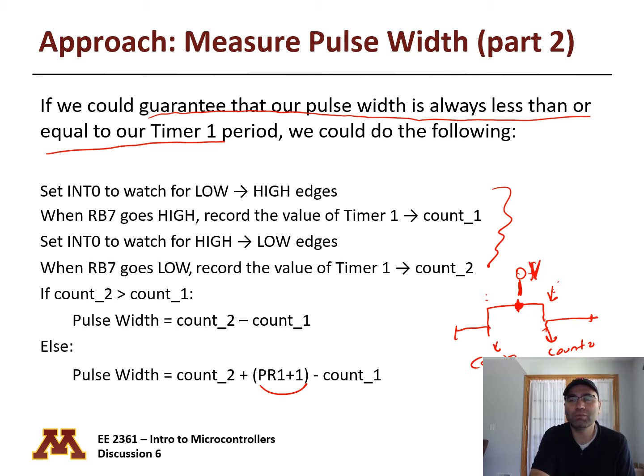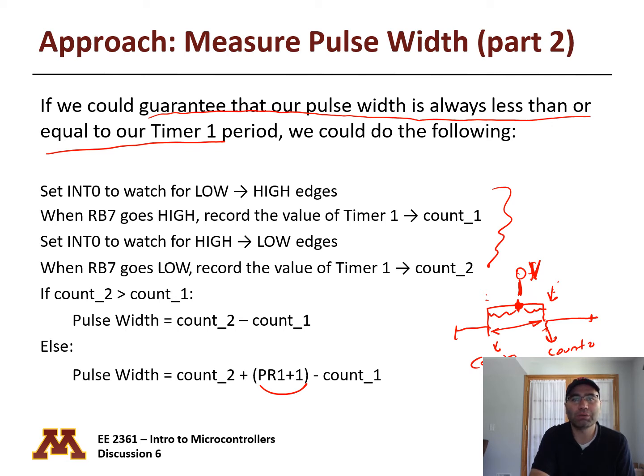And so we subtract overflow from count 1. That gives us this distance, okay? And then we add count 2, so that gives us the whole distance here, okay?